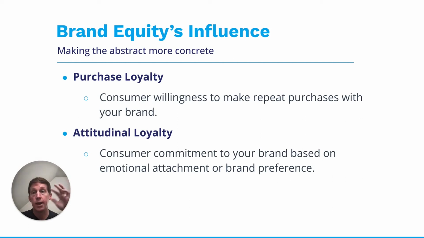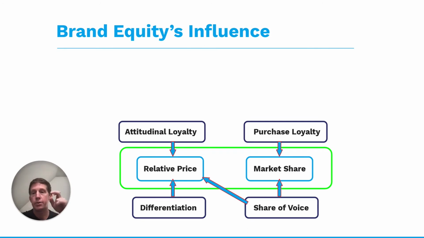I live in San Francisco and the Warriors have had kind of a dynasty for a while, and people are very attached to the Warriors and to Steph Curry particularly. One's a team and one's a person, but they're both brands as well. And you can think of those emotions toward both of those brands as attitudinal loyalty. Attitudinal loyalty affects relative price and not market share. Purchase loyalty, the other way around, affects market share.